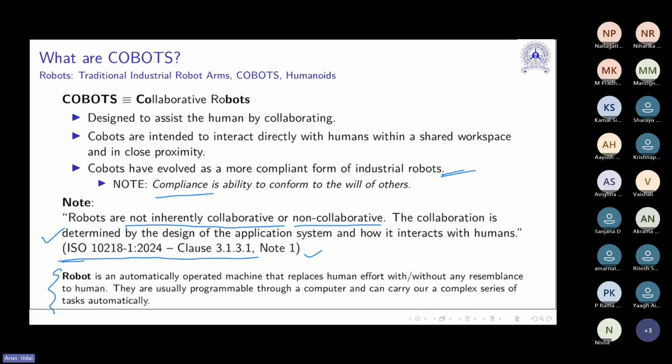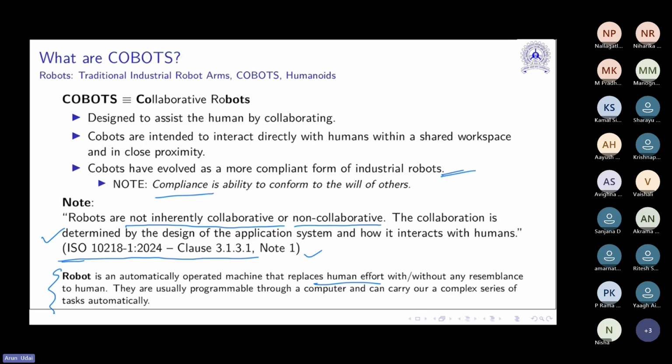They are usually programmable through a computer and can carry out a complex series of tasks automatically. So yes, they can do multiple tasks one by one. They are programmed in a way that gives them some sort of intelligence. They are electromechanical machines, but they may not look like humans and may not replace humans at all.